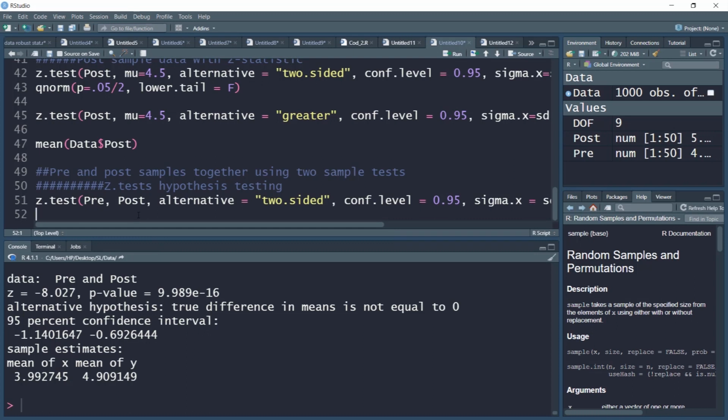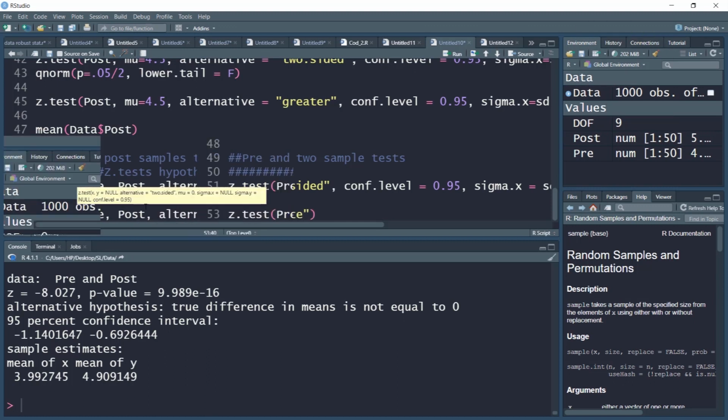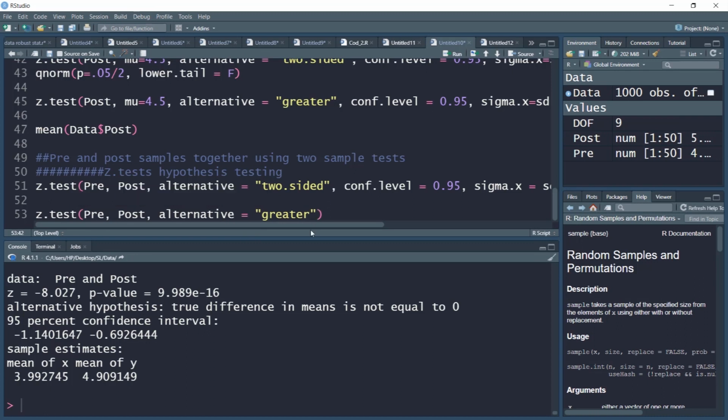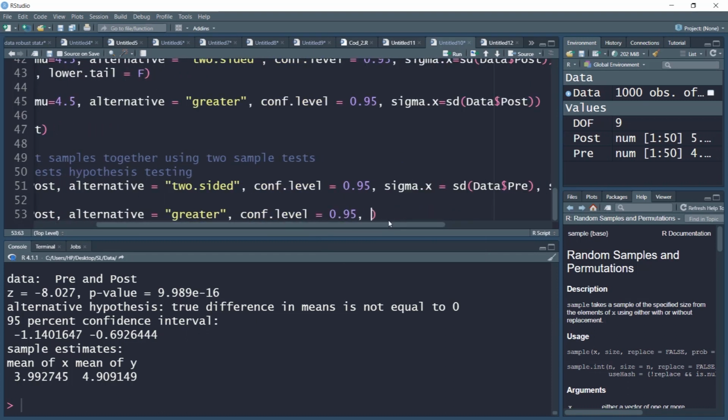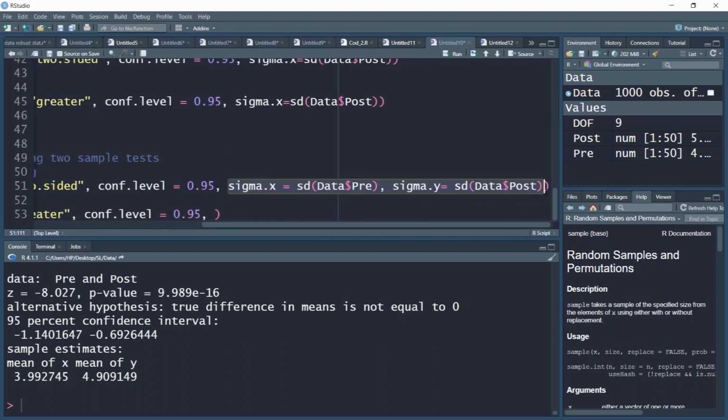Now we'll do some more analysis on this, and first we'll start with the one tail test. So we'll apply our Z test for pre and post. We'll supply the alternative argument as greater. So it will be a one tail test. Again, the confidence level is 0.95, and we'll supply the population standard deviations as we did earlier.